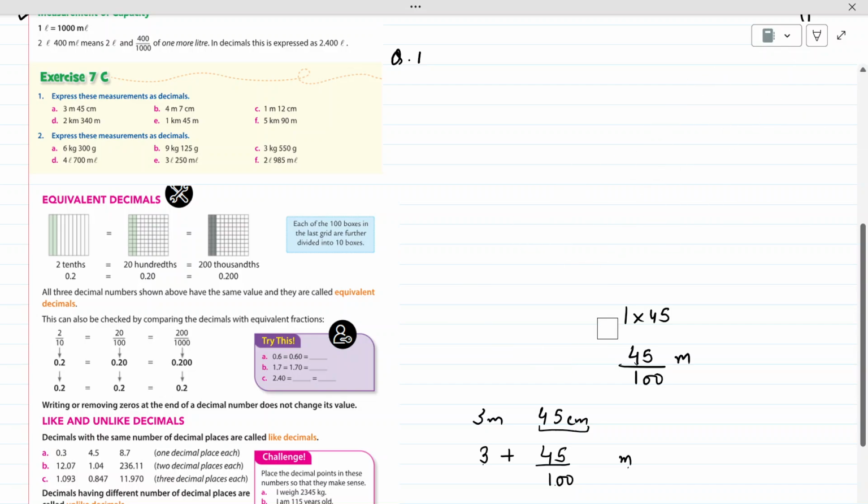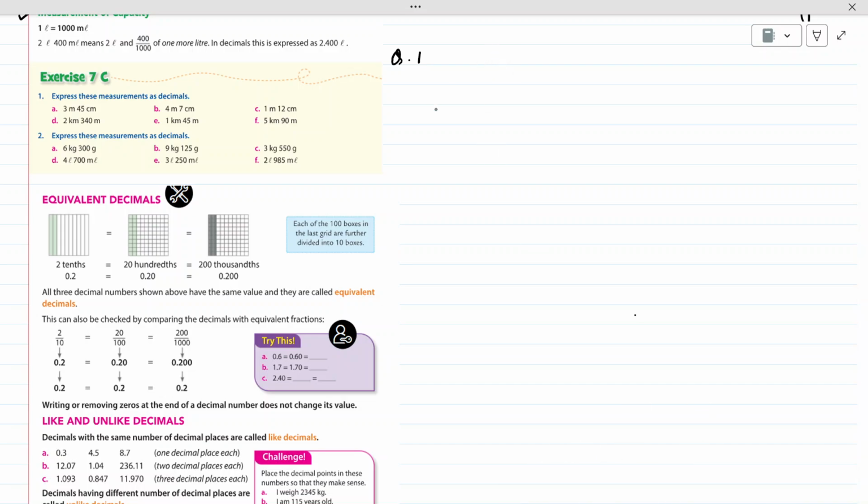So now let us pick another question of another unit. Let me pick the D part of question number 1. The D part says 2 kilometers and 340 meters. Now you see we have two different units, kilometer and meter. Let us change this meters to kilometer.